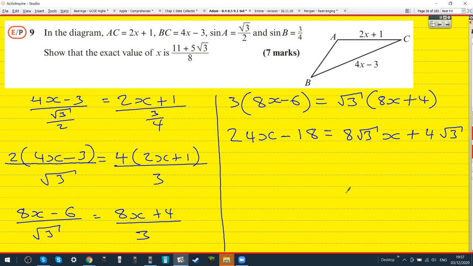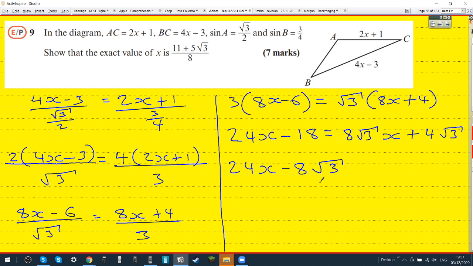Could you minus 4 root 3 on both sides? You could. Let's get the x on the left. So would you minus 8 root 3x on both sides? So it'd become 24x minus 18 minus 8 root 3x equals 4 root 3.